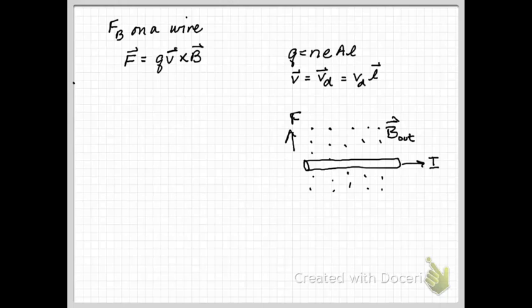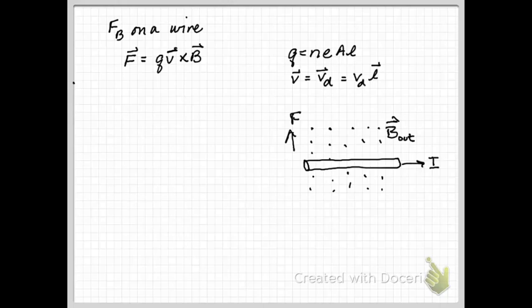So that's where that Q is equal to NEAL comes from. That's going to give you the total charge in your wire, however long it is and however big around it is. And then the other piece is that that velocity vector is the direction that the charge is moving. So it's going to be the drift velocity.